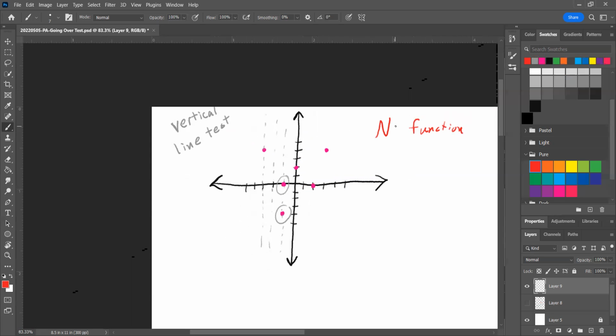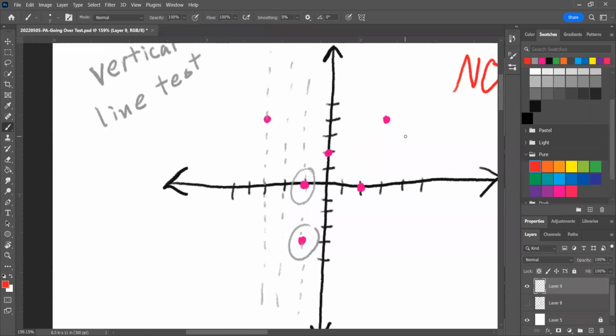So how does it translate to a graph? What's the vertical line test? The vertical line test is basically just looking for X repeats.